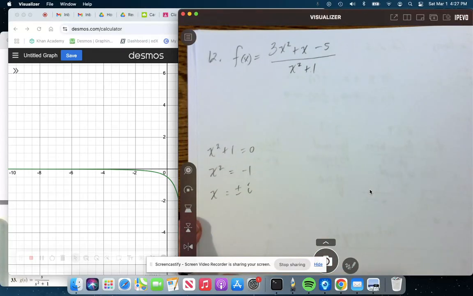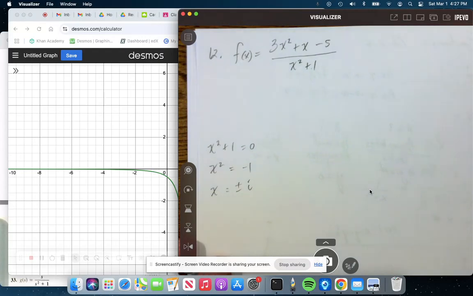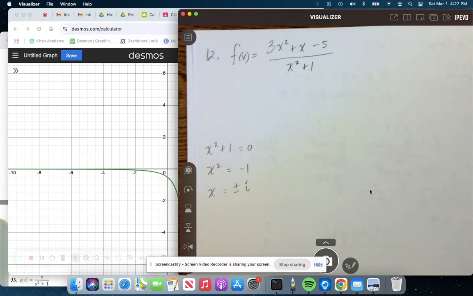Those are imaginary zeros. We don't need to worry about imaginary zeros. So as far as graphing this goes on the real number Cartesian coordinate system, which is what we're doing on Desmos, we're good. We don't need to worry about the denominator being 0. It will never be 0.